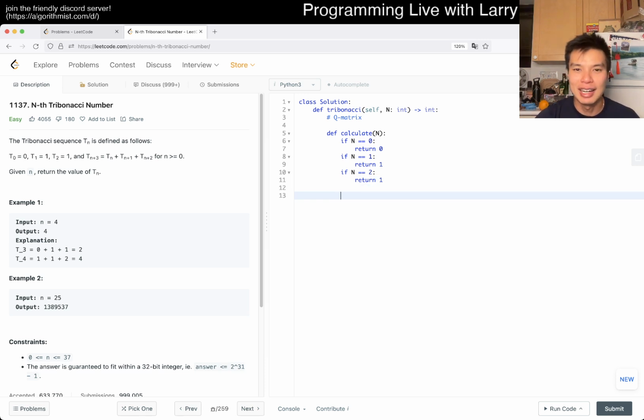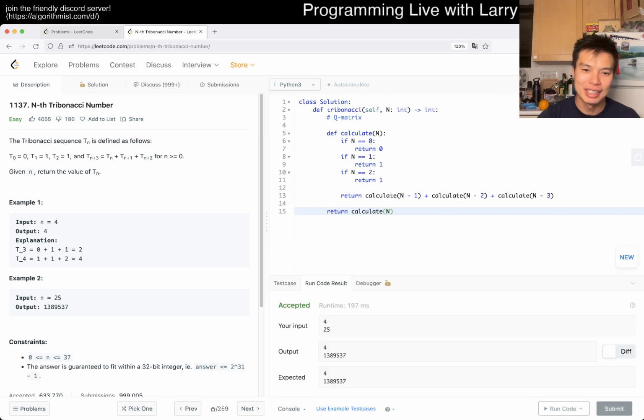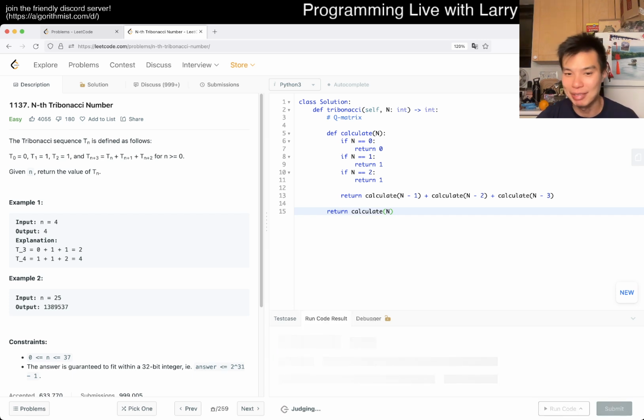Otherwise, we return calculate n minus 1 plus calculate n minus 2 plus calculate n minus 3. And that's pretty much it, in theory. This goes very fast, but is it fast enough? The beauty is that you can just put in the max case, and it probably isn't going to be.